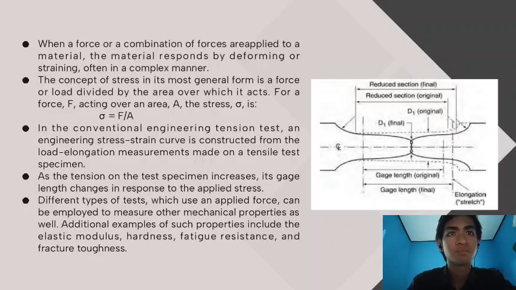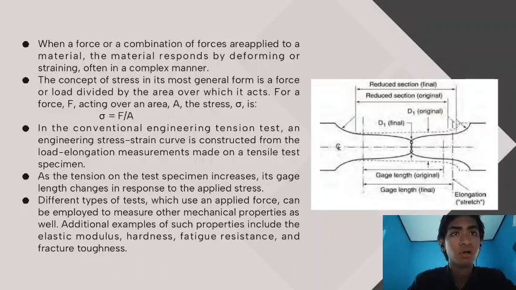Stress is often expressed in units of MPa, equal to 10^6 newtons per square meter, or ksi, equal to 10^3 pounds per square inch.